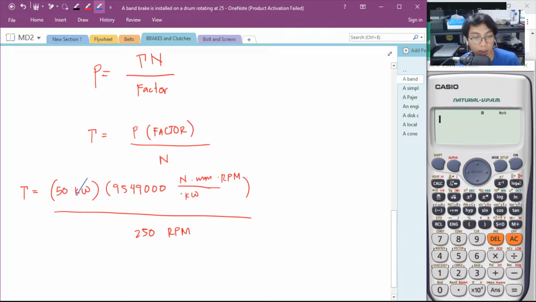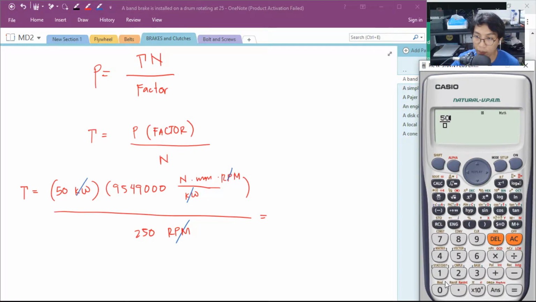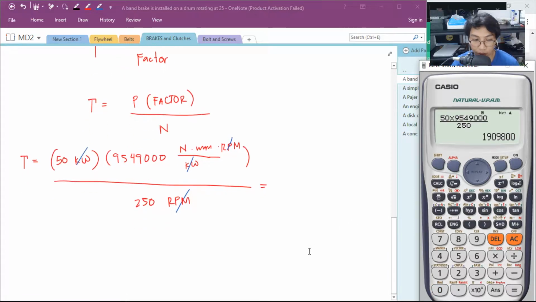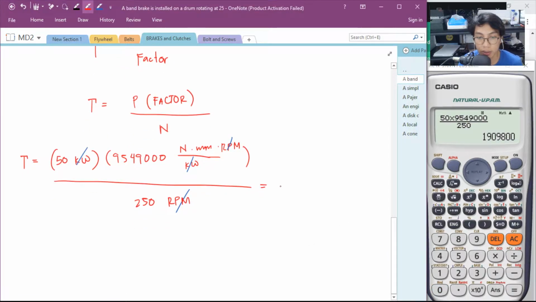Yung kilowatt, kilowatt, RPM, RPM na tira is Newton millimeter. The answer there will be 50 times 9,549,123 divided by 250. So that is, ang torque niya is 1,909,800 Newton millimeter. That is the torque. Okay, you set that aside.